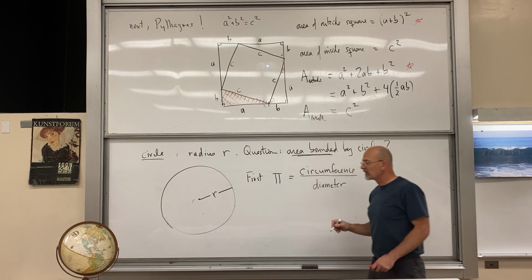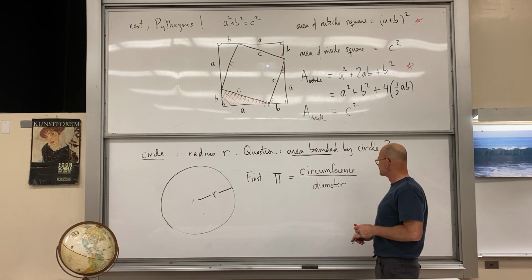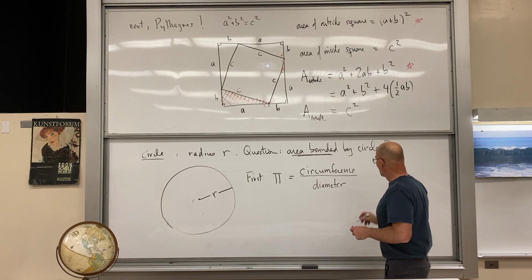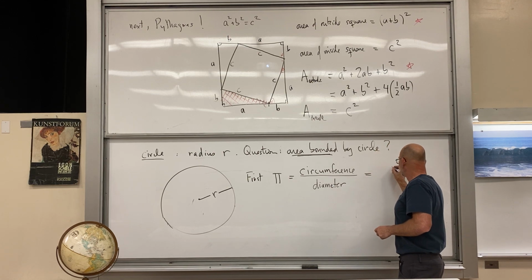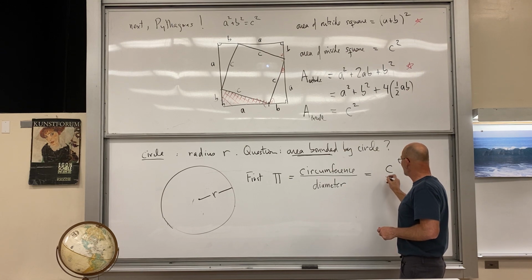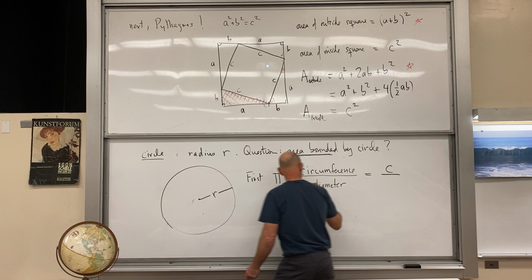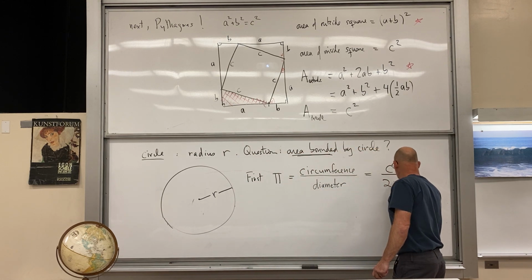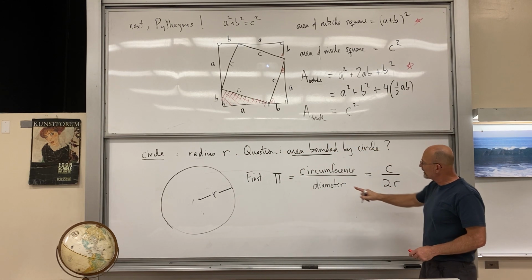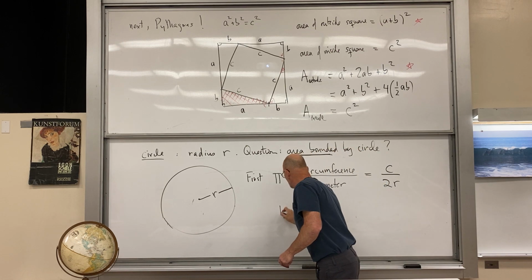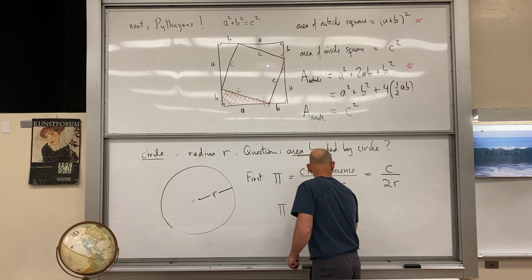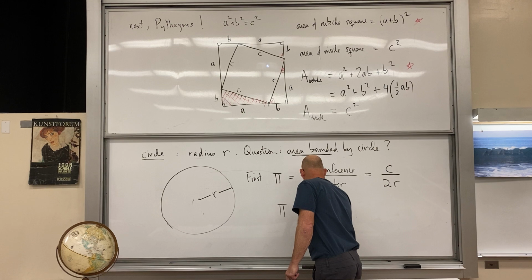So this is a number, you can look it up. We'll go ahead and call that circumference C. And the diameter we know is twice the radius, so for the diameter, we'll write 2 times r. So this defines pi equals C over 2r.